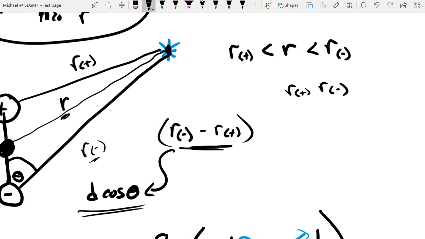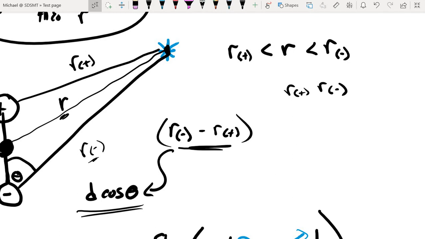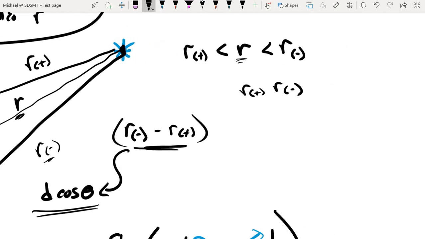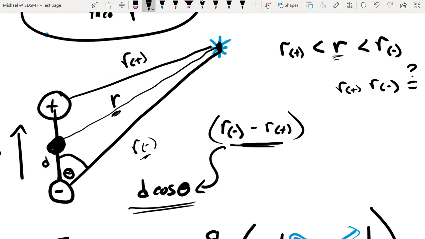And so how would that product compare to, say, taking the product of the middle leg times itself? In other words, R is basically the average length of the positive and negative lengths.